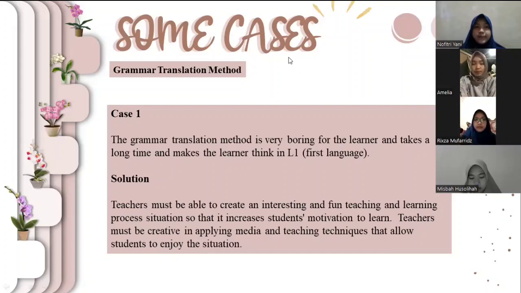The solution is the teacher must be able to create an interesting and fun teaching and learning situation so that it increases student motivation to learn. Teacher must be creative in applying media and teaching techniques that allow students to enjoy the situation. Next slide, moderator.